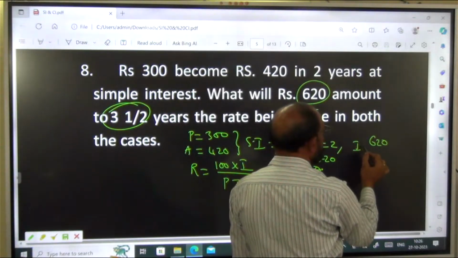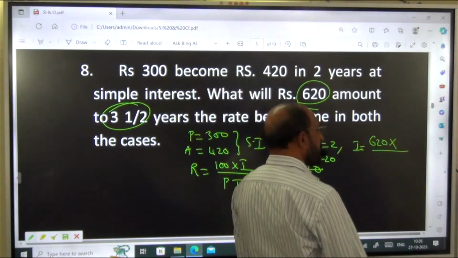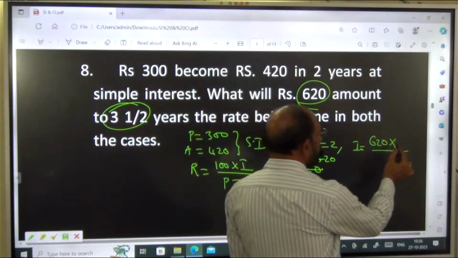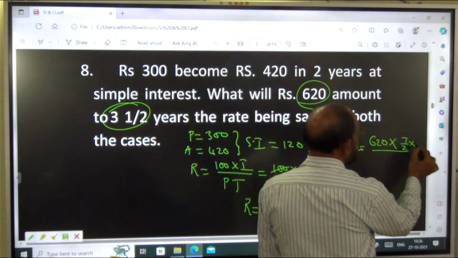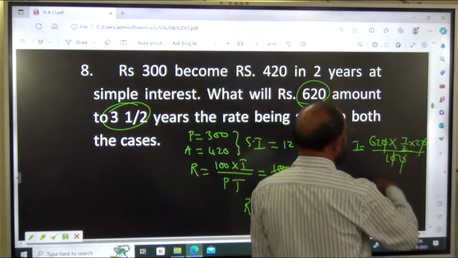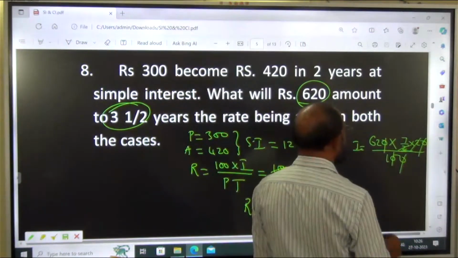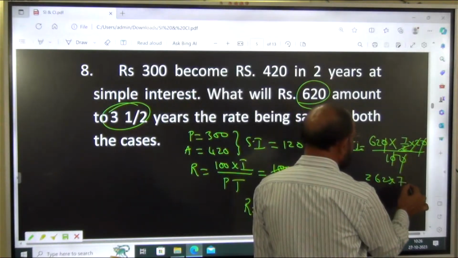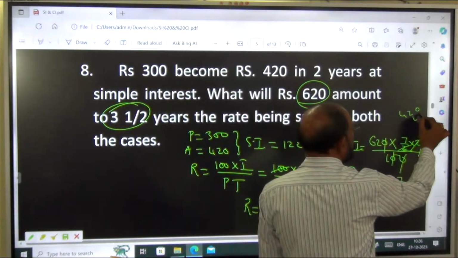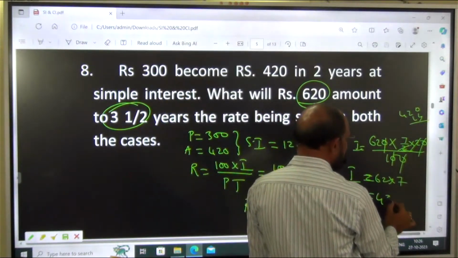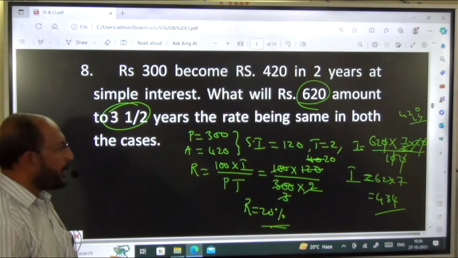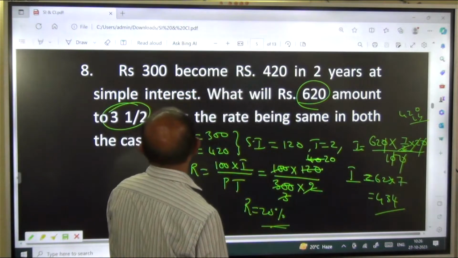Interest is equal to PT R, how much? 3.5, how much? 7/2, into 20% by 100. 0, 0, 0, 0 cancellation. 2 cancellation. 62 into 7, this is the interest. 7 6 42, 14, 4, 34. 434 is the interest.